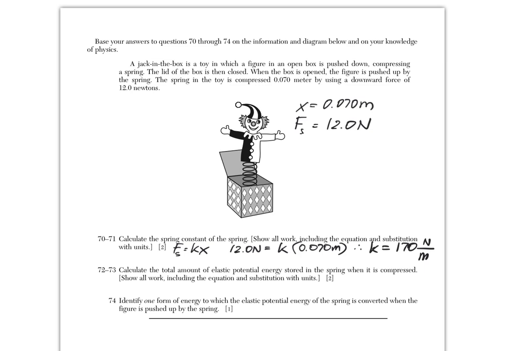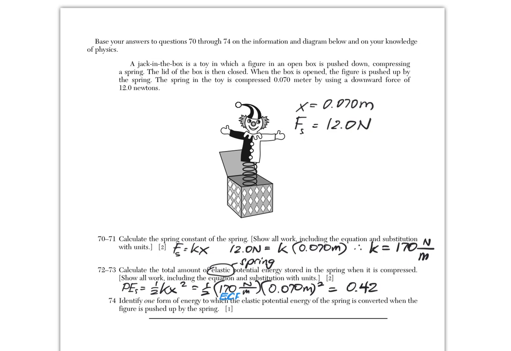72, 73, what's the elastic potential energy? That is spring potential energy stored in the spring when it is compressed. Now that we know the spring constant, we can do this problem. Working the numbers through, based on the answer to 70 and 71, that 170 newtons per meter is error carried forward.